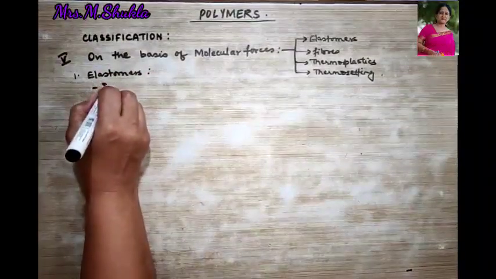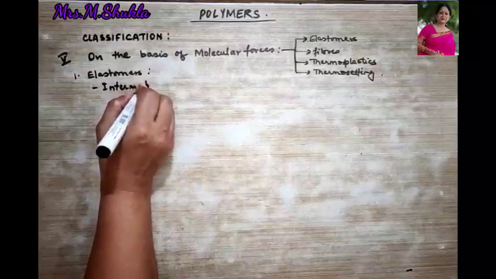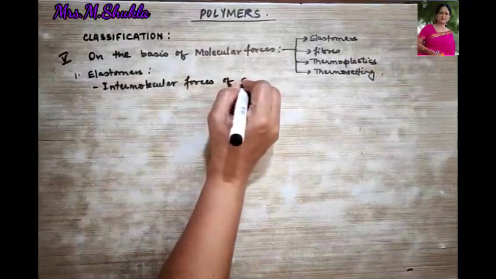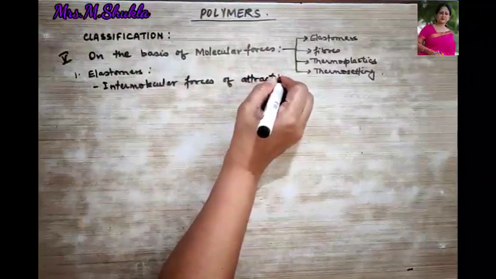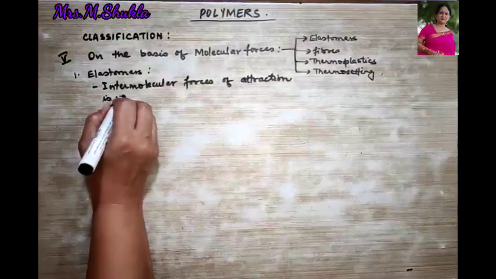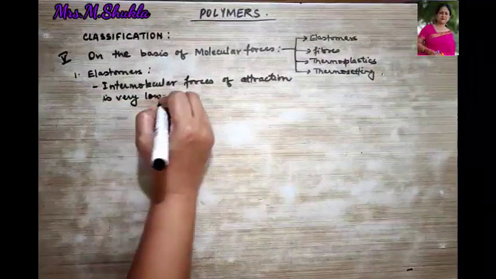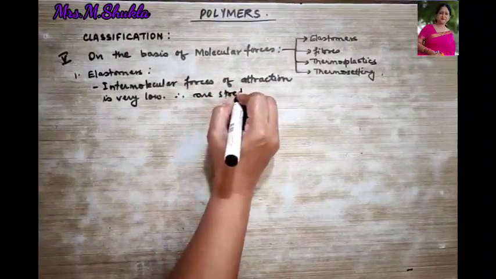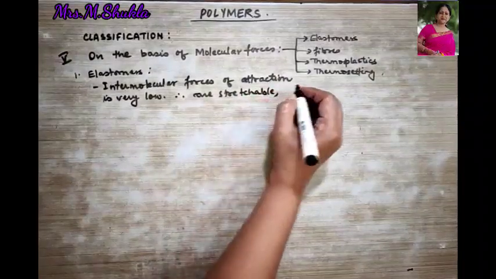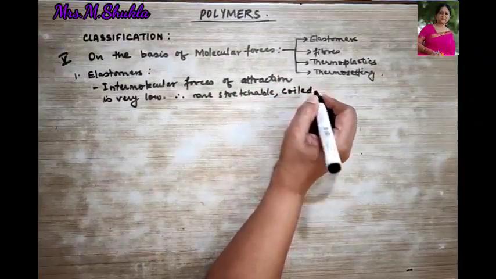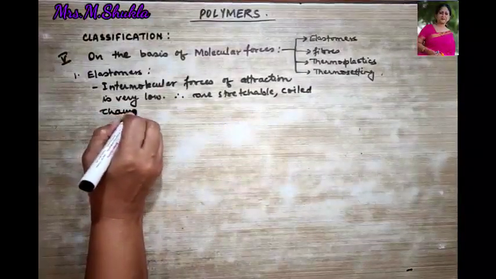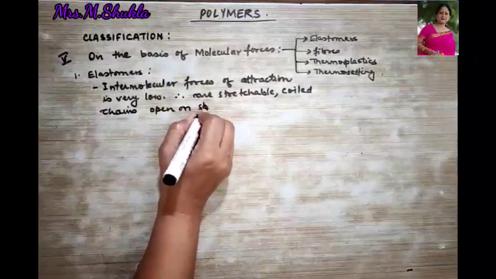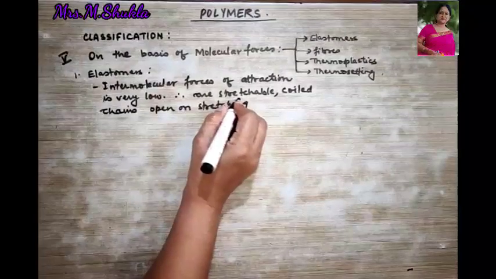Okay, so intermolecular forces of attraction are very low over here. Therefore they are stretchable. They even form coiled chains, right, and open on stretching.